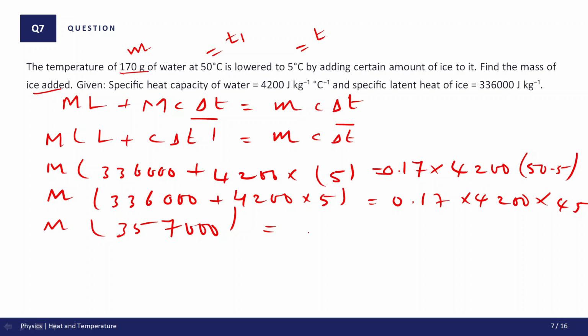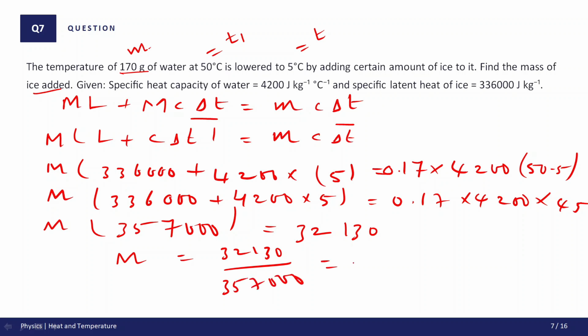multiplied again 0.17 into 4200 into 45, it is equal to 32,130. Then m equal to 32,130 divided by 3,57,000.